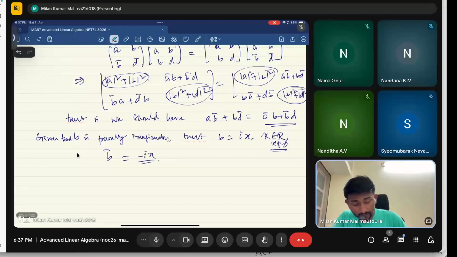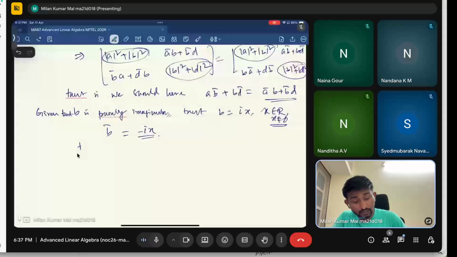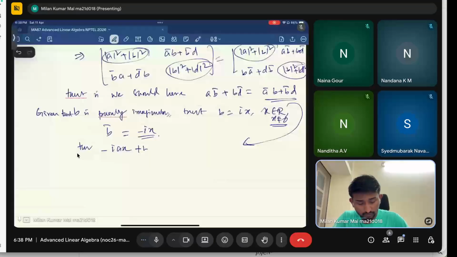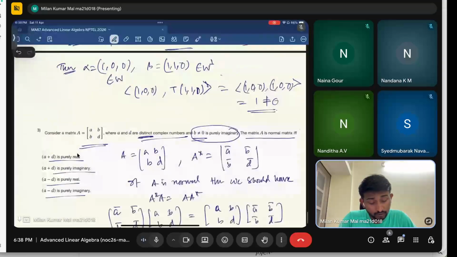Then what will happen to A B bar plus B D bar? There is no condition over D, right? A and D are distinct complex numbers, and B is not equal to 0, purely imaginary.